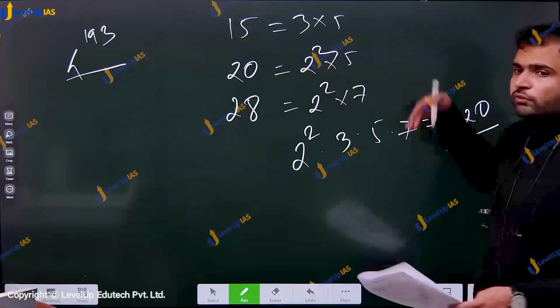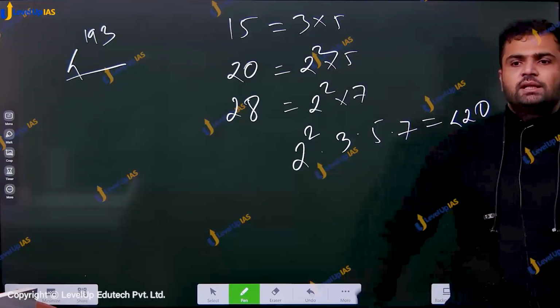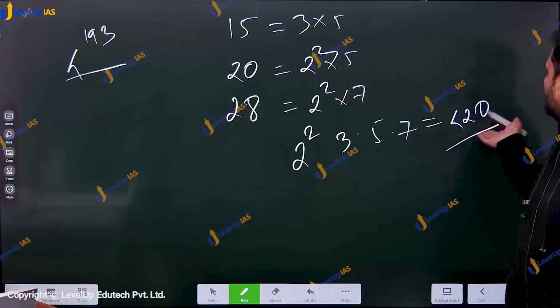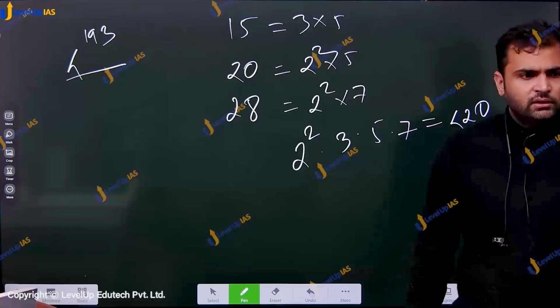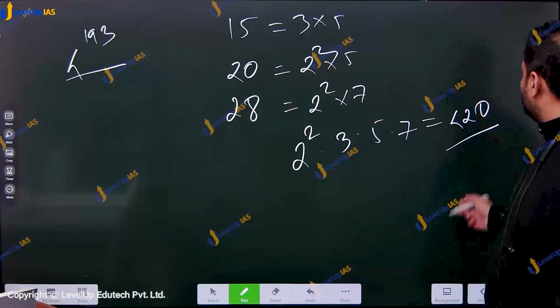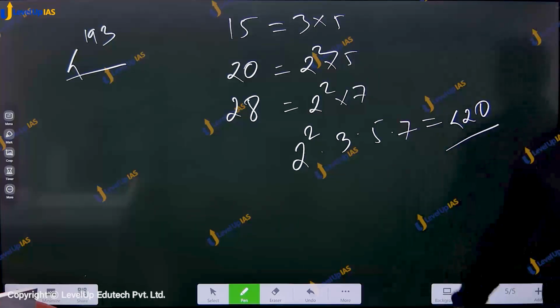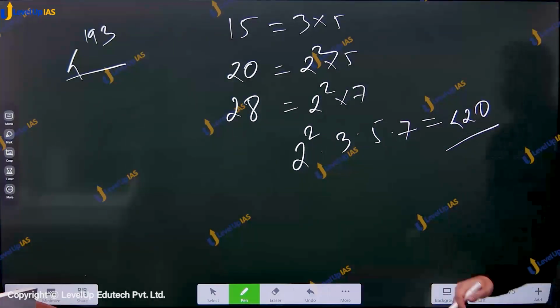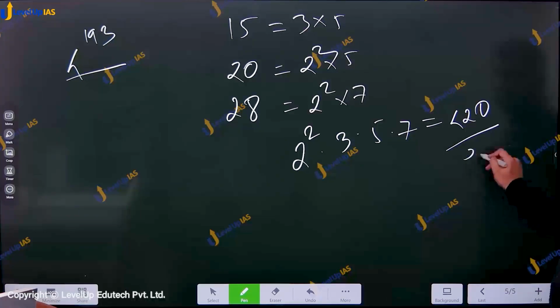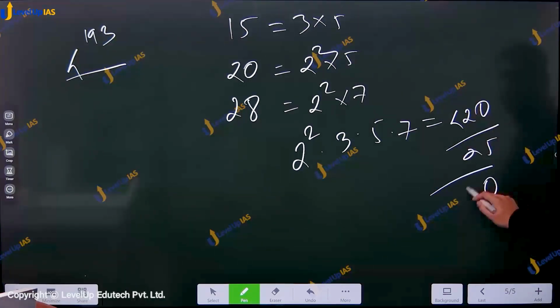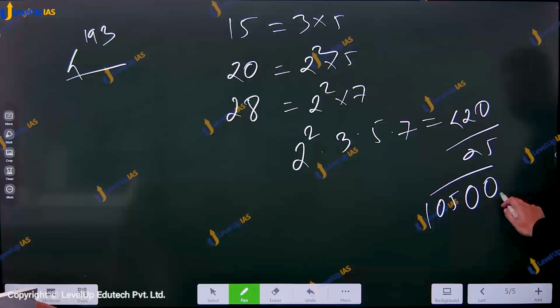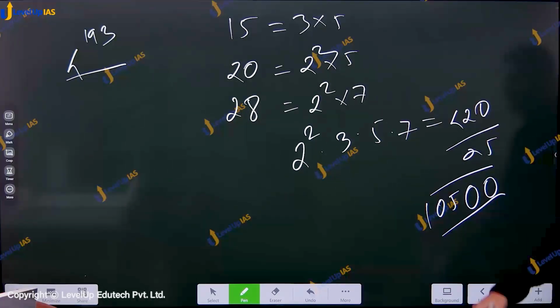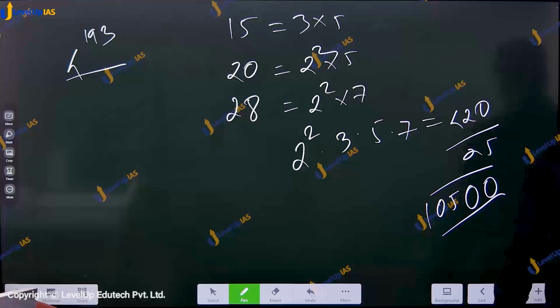So you have to find out the multiple of 420 that is the largest 4-digit number. So you can multiply by 10, you get 4200, then you multiply by 20, you will get 8400, right? So you can try to multiply by 25, see what is the number, and you have to gauge when you can get the maximum 4-digit number. So for example 25, if I multiply, I got a 5-digit number. So I don't want to go to a 5-digit number, I want to remain in 4-digit number.